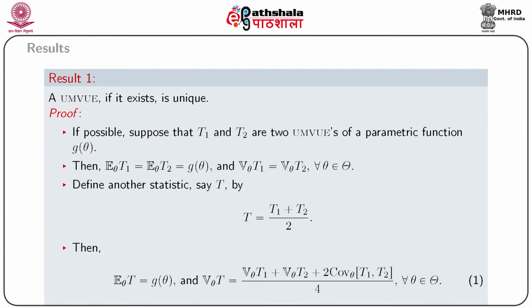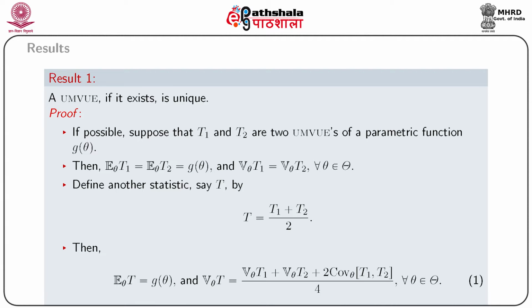Proof. If possible, suppose T1 and T2 are two UMVUEs of g(theta). Then expectation of T1 is equal to expectation of T2, and variance of T1 is equal to variance of T2 for all theta. Define a statistic T such that T equals half into T1 plus T2.